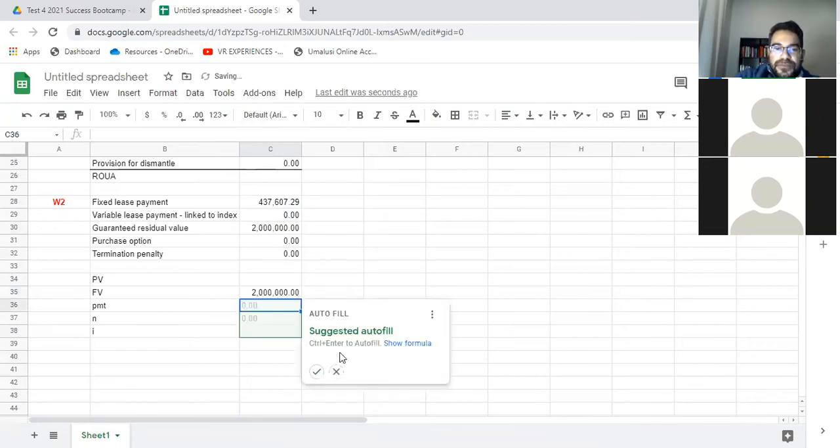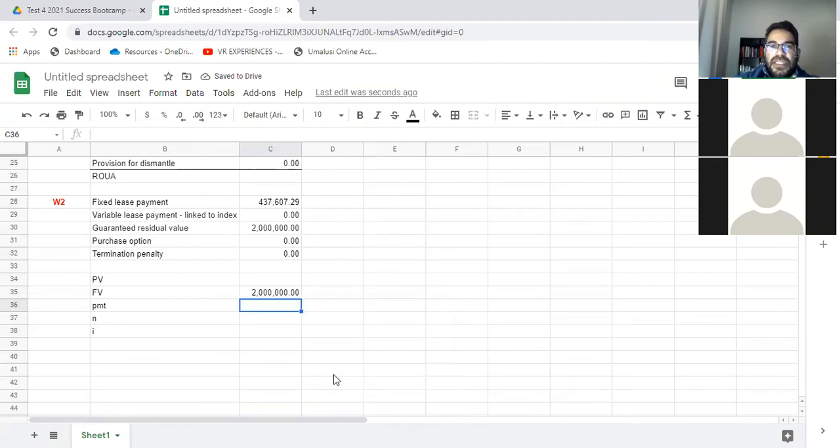Your payment, what is the definition of a payment? A payment is a fixed regular payment. So the fixed regular payment is going to be the fixed lease payment. Now we must have a look at what we're doing over here.